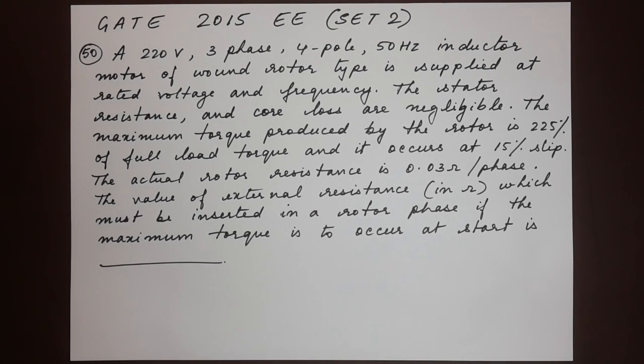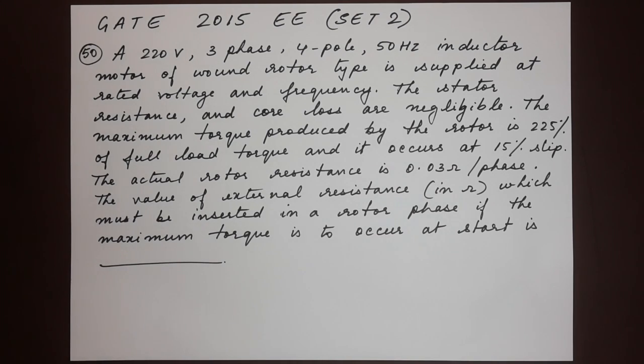The actual rotor resistance is 0.03 ohm per phase. The value of external resistance in ohms, which must be inserted in a rotor phase if the maximum torque is to occur at start, is dash.